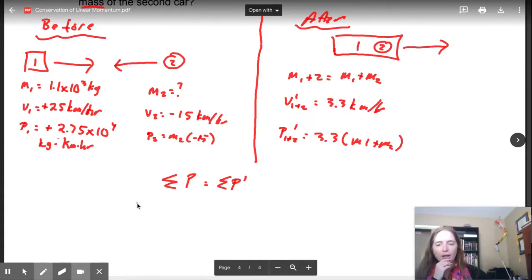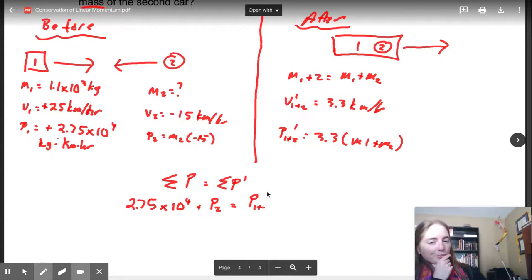We have 2.75 times 10 to the 4, leaving units out for now to make it easier on the algebra, plus P2. And this is going to equal our P1 plus 2 prime.